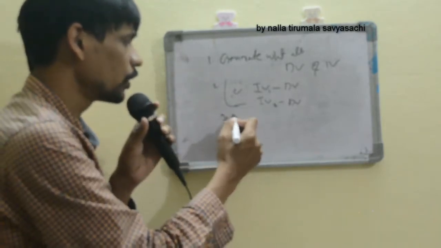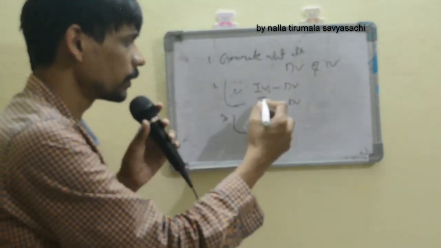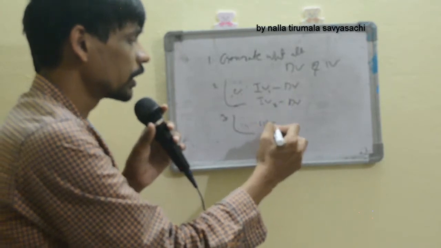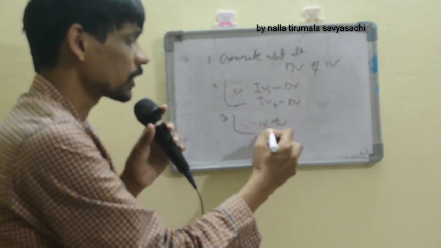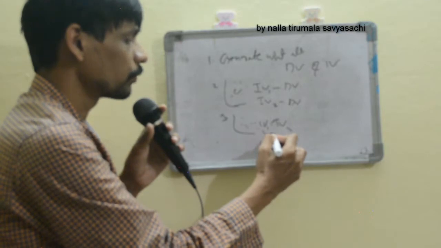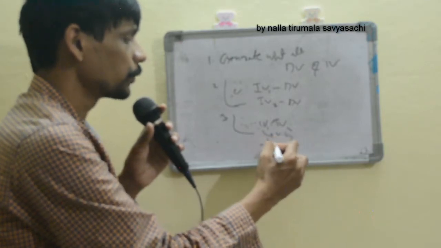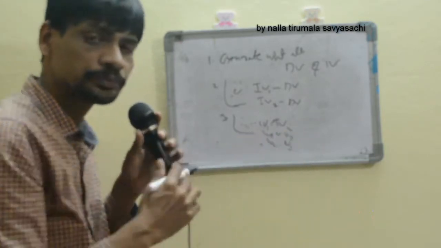Third one is, do a scatter plot among independent variables: IV1, IV2, IV1, IV3, IV2, IV3, like this.